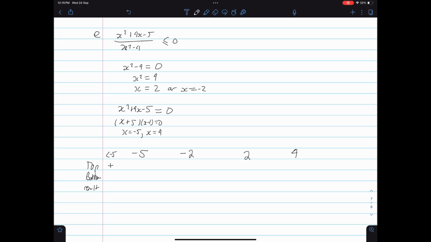On the bottom, we'll have a large square. We get progressively larger squares, and we're only subtracting 4, so it will still be positive. So the result will be greater than 0. At negative 5, we know it's 0 on top, so it doesn't matter what's on bottom. It's going to be equal to 0.